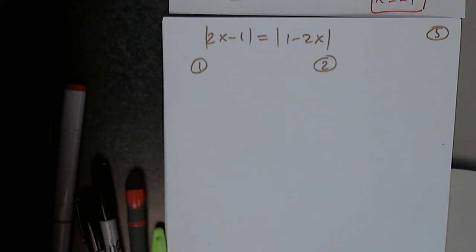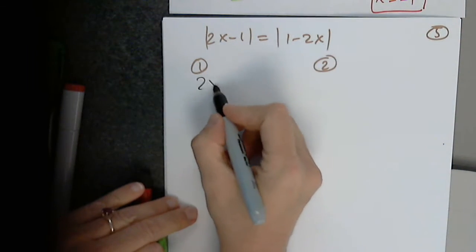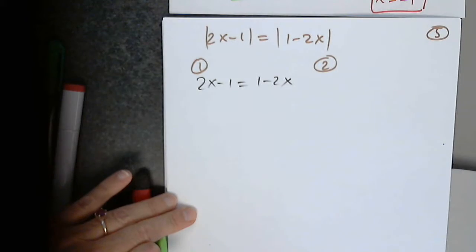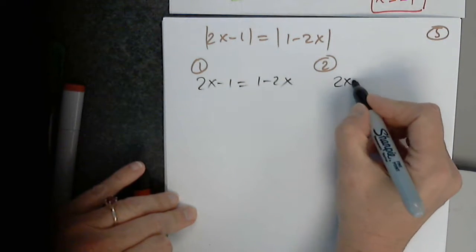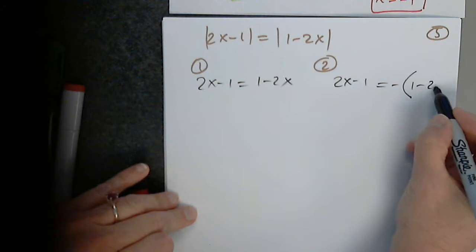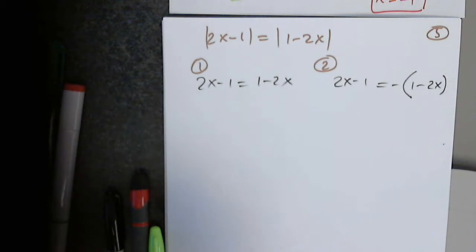Can anyone dictate those 2 possible options? That's the first option. Excellent. Parentheses, 1 minus 2x. Very good. Excellent. So let's solve the first one.